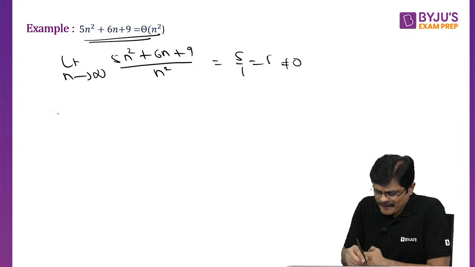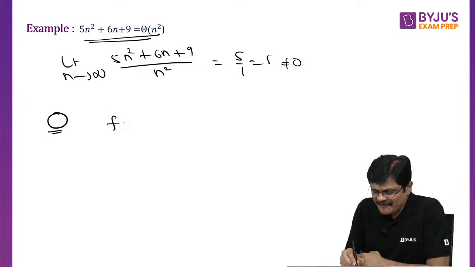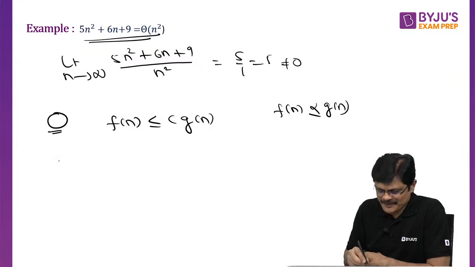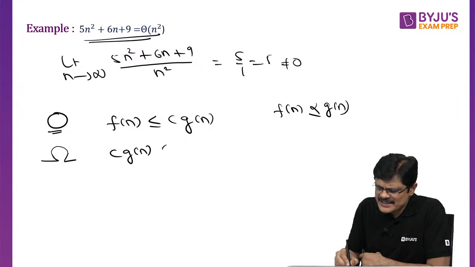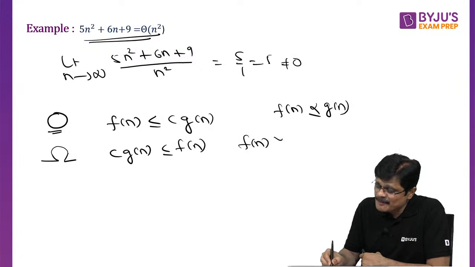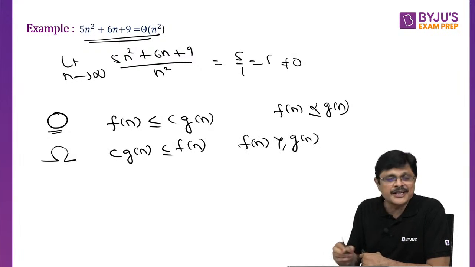Okay? See, for big O, what do you mean by big O, sir? We have to prove that f(n) is less than or equal to a constant times g(n). So we write that f(n) is asymptotically smaller than g(n). When you say big omega, a constant times g(n) is less than or equal to f(n). Here f(n) is asymptotically larger than g(n).